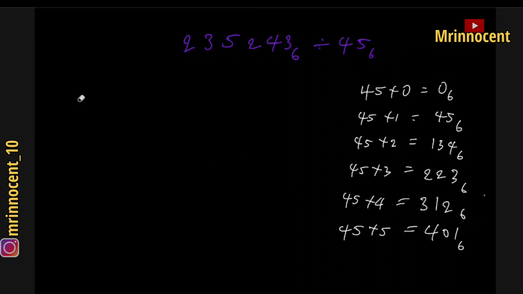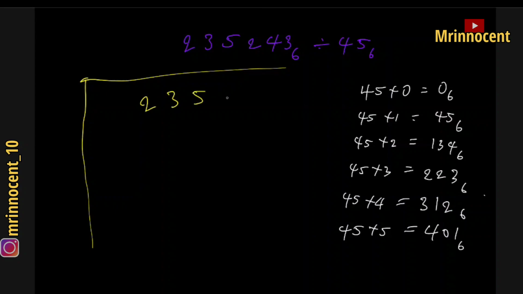So now go back to our question. We have 235243 divided by 45. So 45 divided by 2 cannot. 45 divided by 23 cannot. 45 divided by 235.